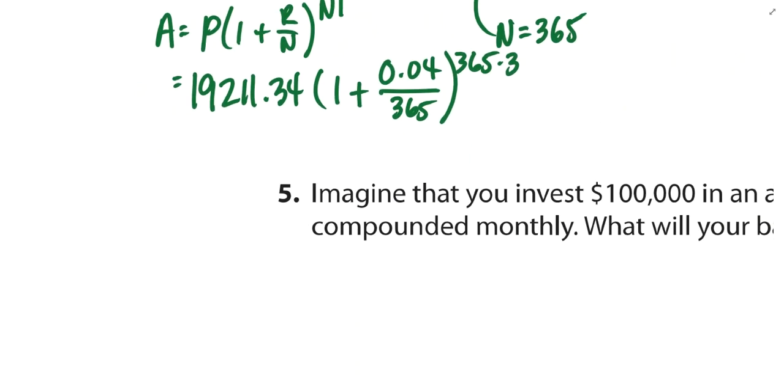Now, in case you forgot, the reason why we're dividing this by 365 and then we're turning around and changing this power to 365 times the amount of time is that we're calculating what portion of this percentage, because this is an annual percent, what portion of this percent is applied every single day. So if there's a 4% growth per year, we divide that by 365, and that'll tell us what our percentage growth per day is.